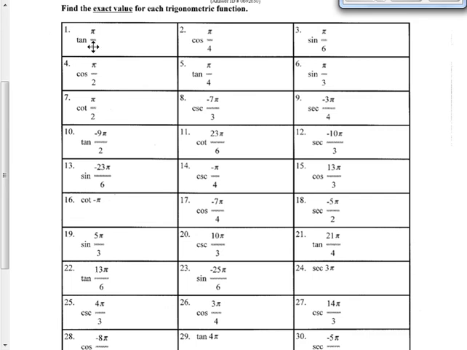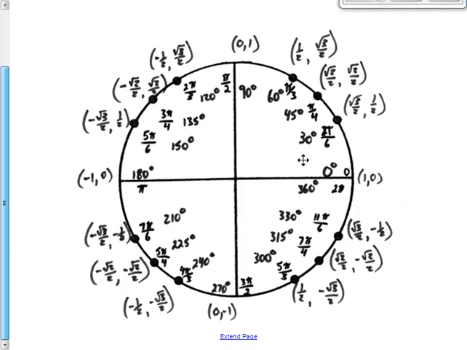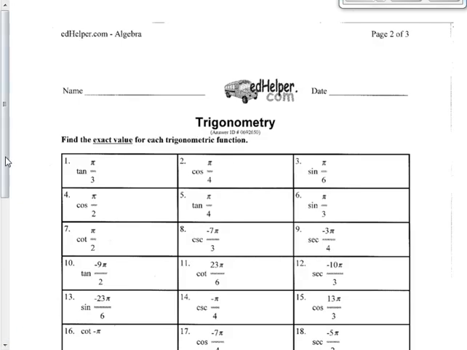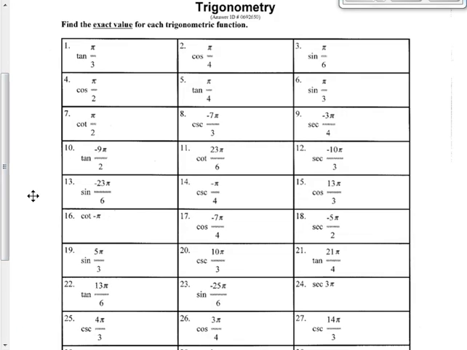We're looking at, let's do an easy one here, cosine of pi over 4. Well, you need to know what cosine is. Cosine is the x value, so when we go here to cosine of pi over 4, it is right here. The cosine is the square root of 2 over 2. So I get cosine of pi over 4 to just be the square root of 2 over 2. This is just picking things off of the unit circle.